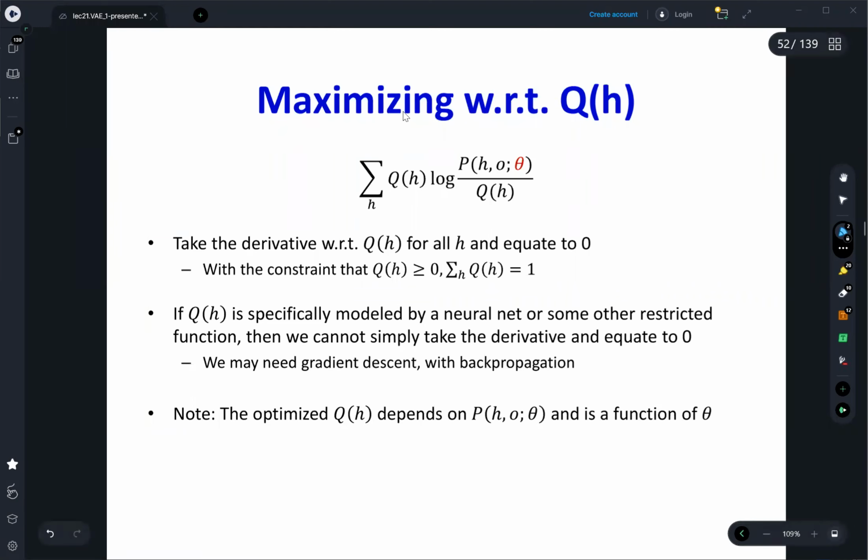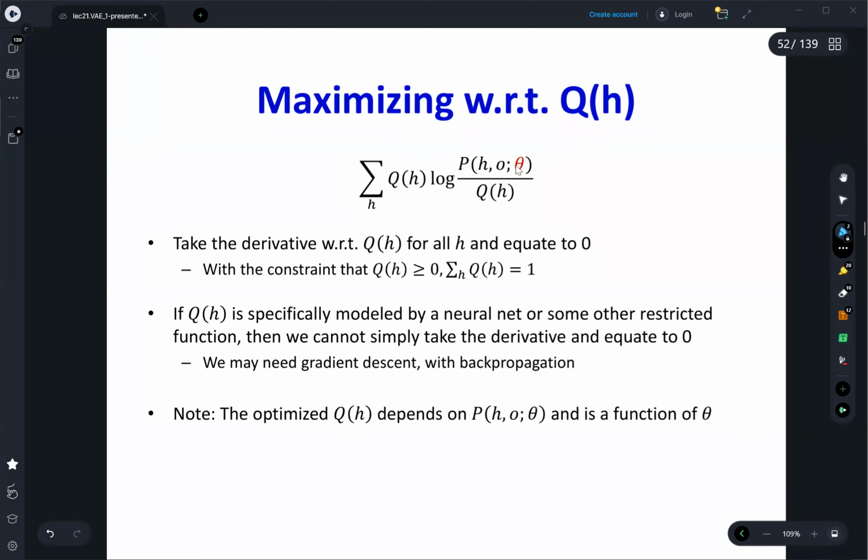And finding Q of H such that this term is maximized may not be trivial. If you choose a neural network to model Q of H, you will need gradient descent with backpropagation. But for other kinds of models, you may actually have a closed form for maximizing it.